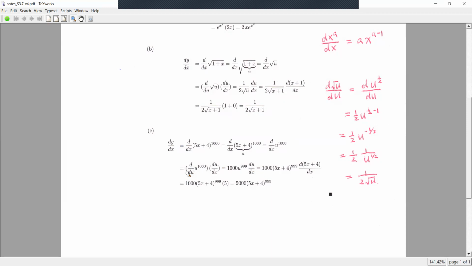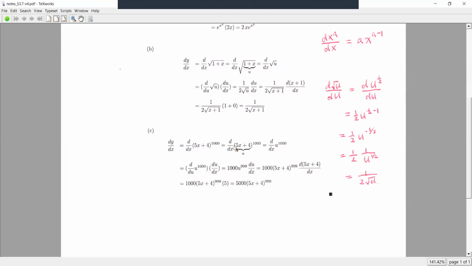I insert du to the bottom, put a du on the top. This is a product of two derivatives. I can cancel du, and go back here. For this derivative of u to 1000 with respect to u, I apply this formula to get 1000 times u to 999.